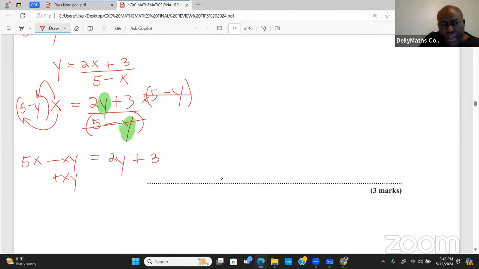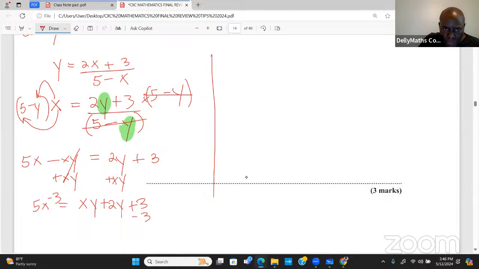Why am I doing that? I am adding xy to both sides because I'm collecting the y terms so that they can be at one place. So let us write another step. So we have 5x is equal to xy plus 2y plus 3. I'm going to take a second step. So the second step is that I need to remove this 3. So I'm going to subtract 3 from both sides.